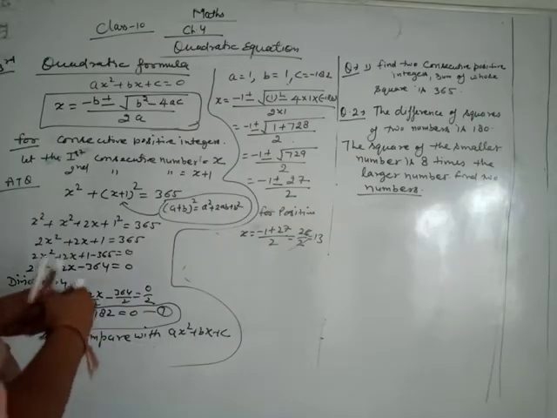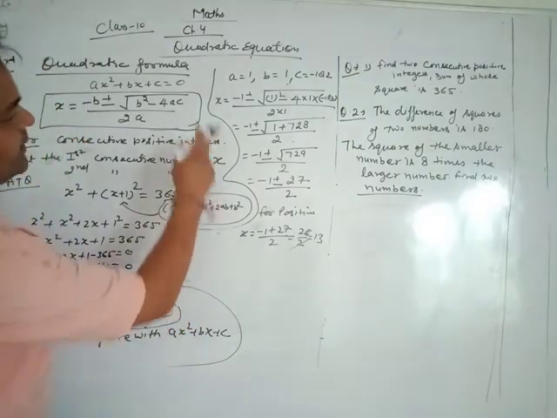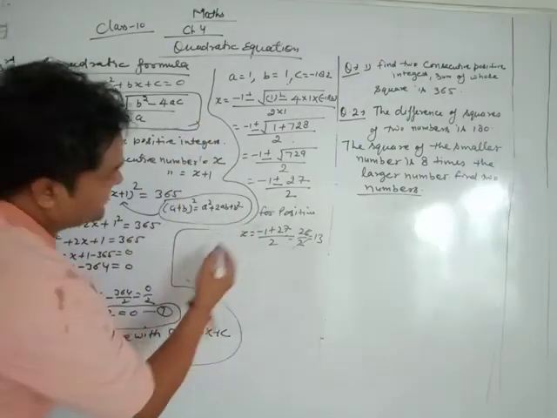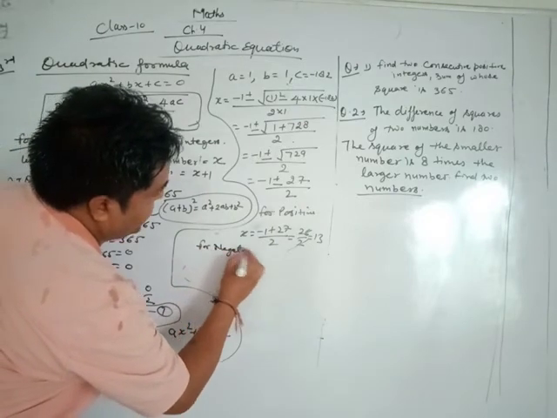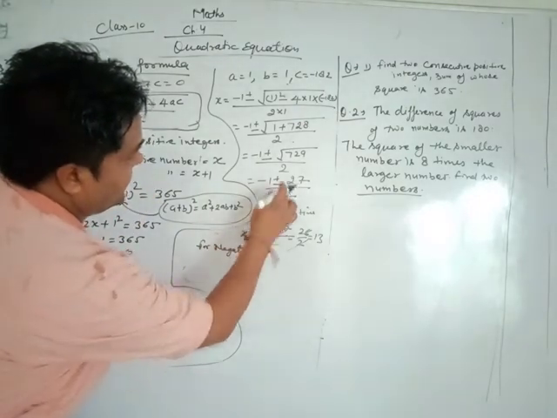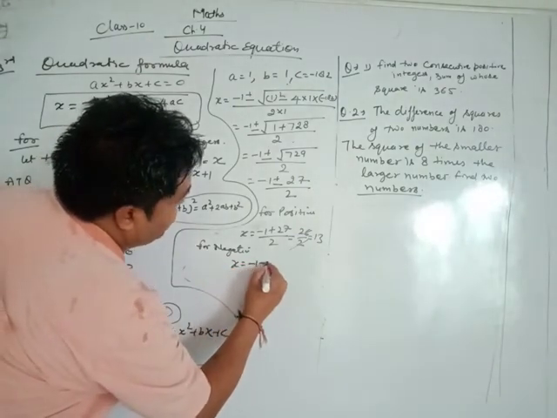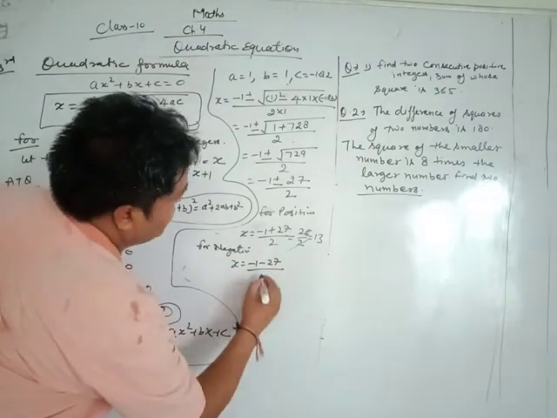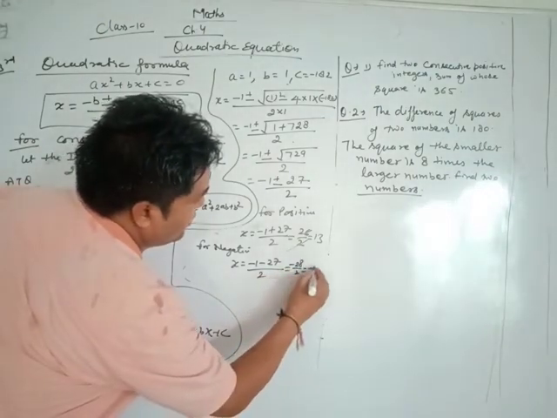And second, for the negative sign, we take minus 27. x equals minus 1 minus 27 by 2, equals minus 28 by 2, equals minus 14.